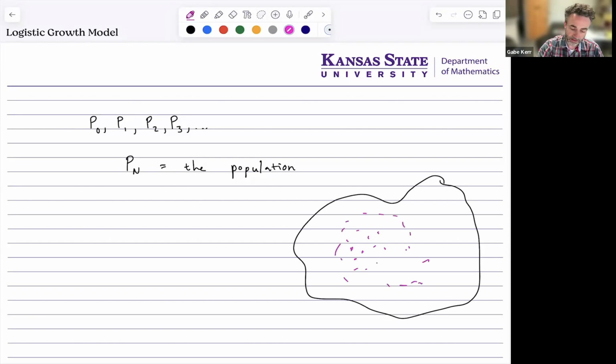But because there's a limited amount of resources on that island, there's a pushback that says, if you get too full or too crowded, that growth rate is going to go down and down and actually start turning into a contraction.